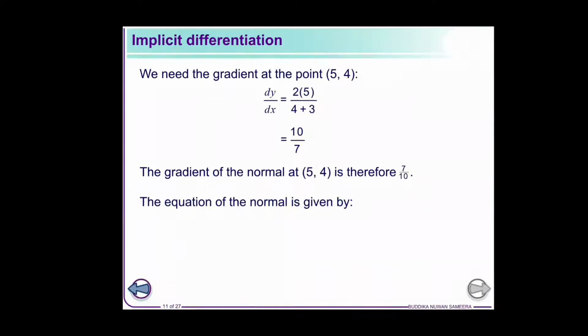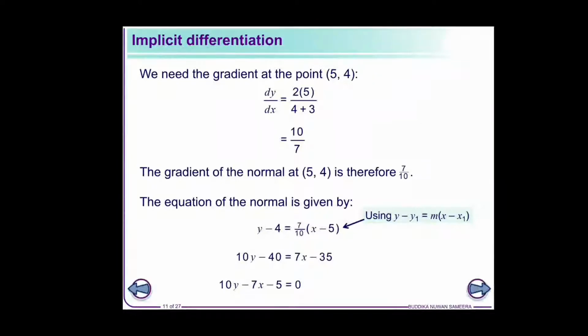Then the gradient of the normal should be minus 7 over 10. Then you can substitute the coordinates of the point (5, 4) and the gradient, and easily you can find the equation of the normal.